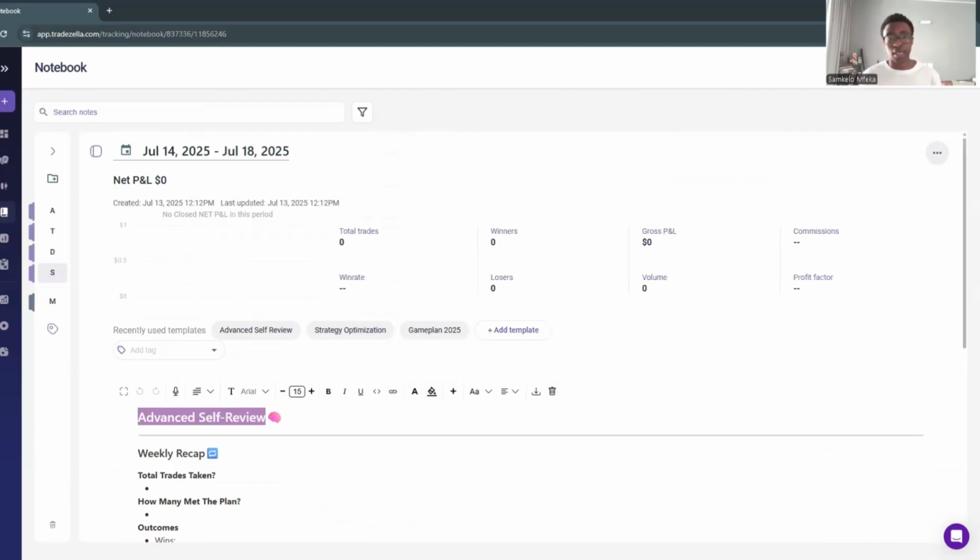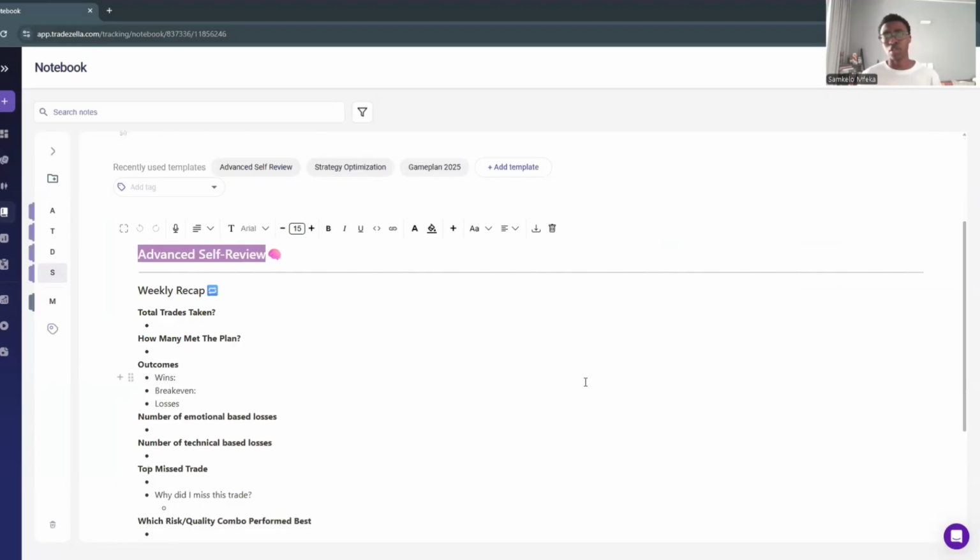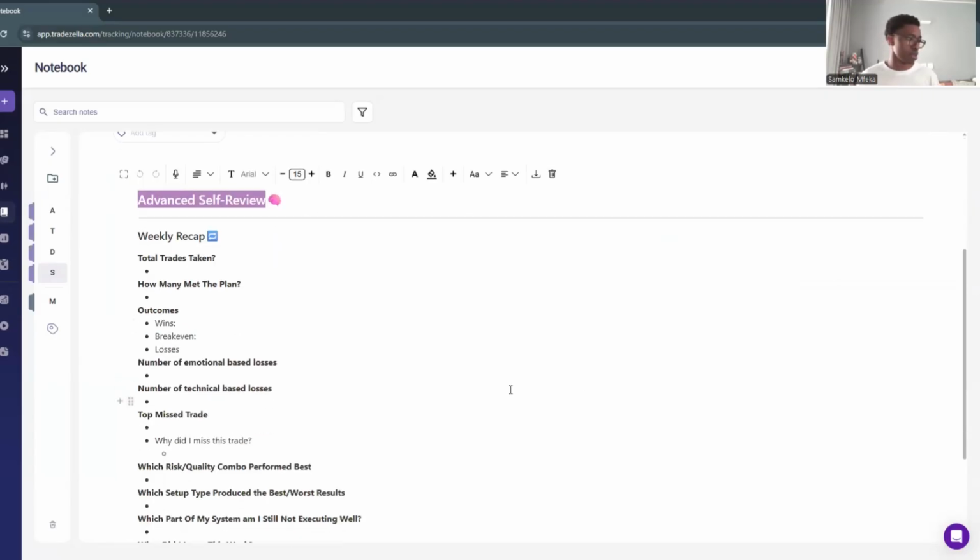Finally, the weekly ASR. The advanced self-review is where I track important information that will be analyzed on a much longer term basis. This is where you start to notice patterns. For example, if I notice that each month, 60 to 70% of my losses are emotion driven, this gives me a key idea of where I need to focus my attention to begin correcting certain behavior.